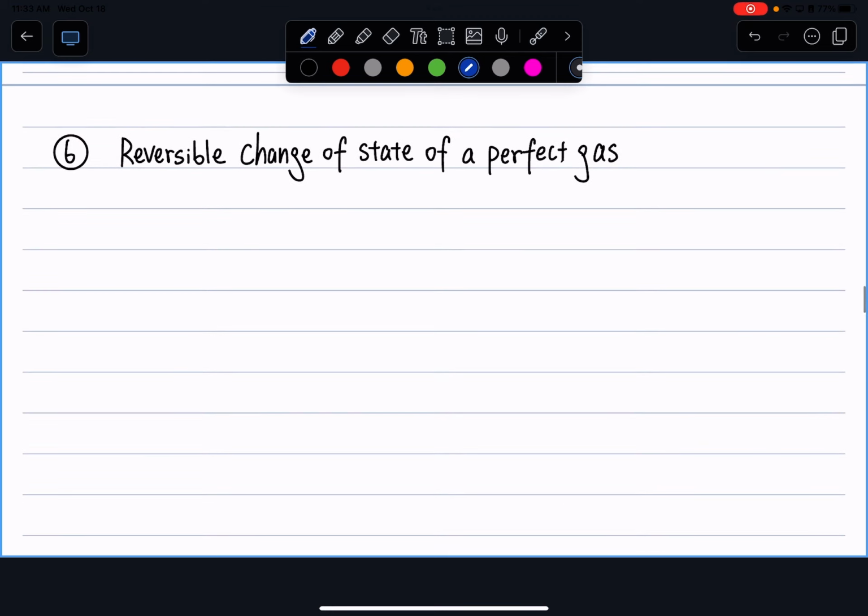Next up, let's look at the more general thing: the reversible change of state of a perfect gas. When we say change of state, we're talking about change of the thermodynamic state. That means my perfect gas has a different combination of pressure, volume, and temperature.